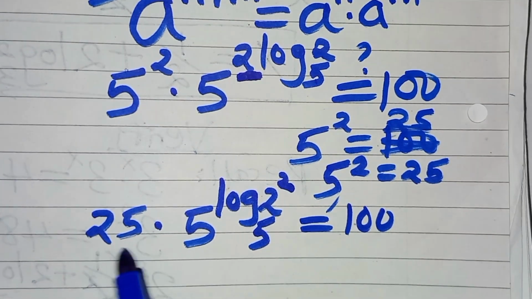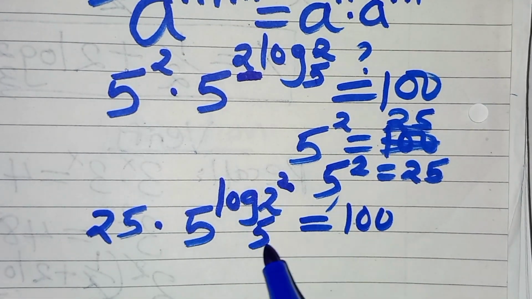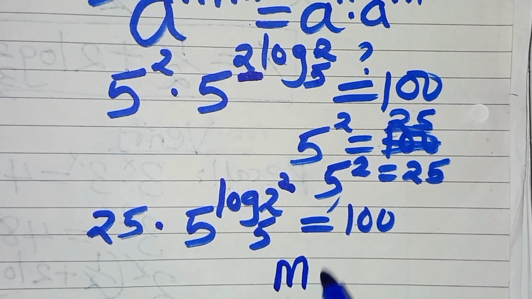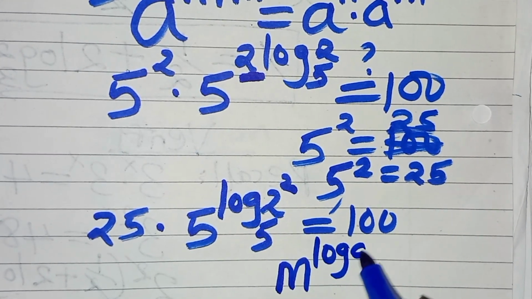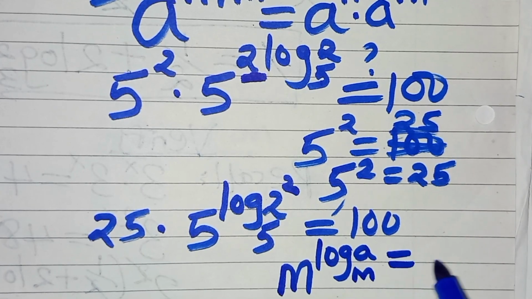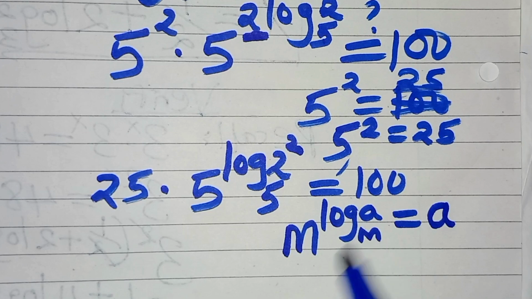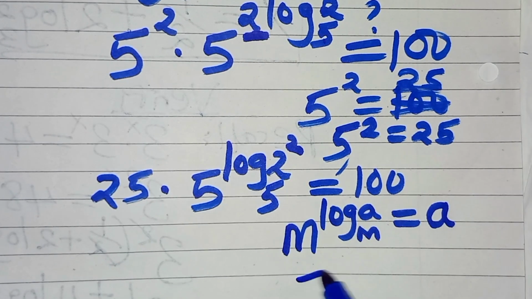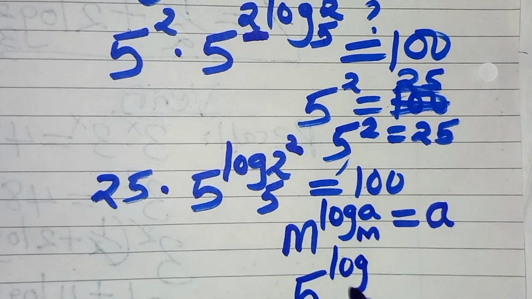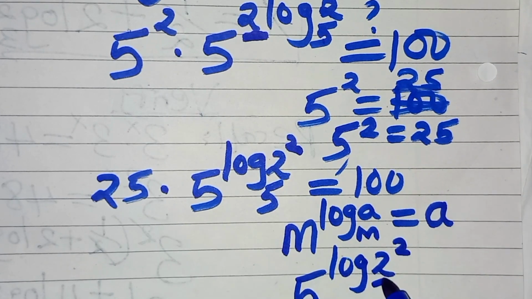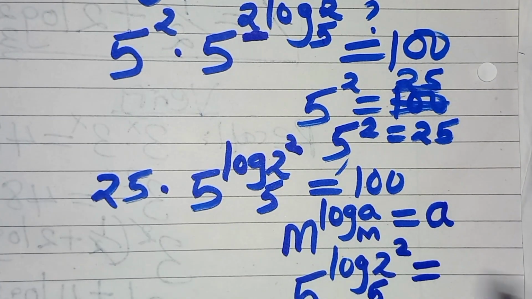So the next step here, we have that 5 to power log 2 squared to base 5. This is in the form of m to power log a to base m, which is essentially equal to a. Applying this logarithm property, 5 raised to power log 2 squared to base 5 is equal to 2 squared, which is actually equal to 4.